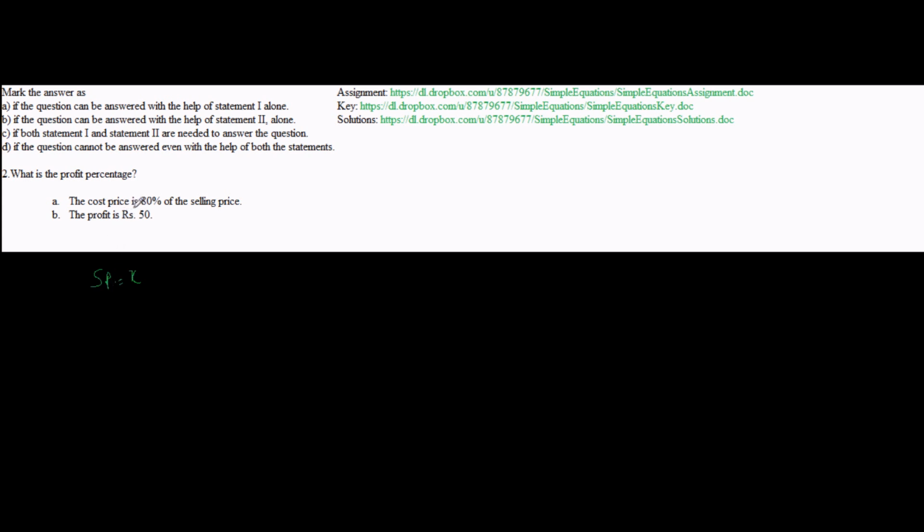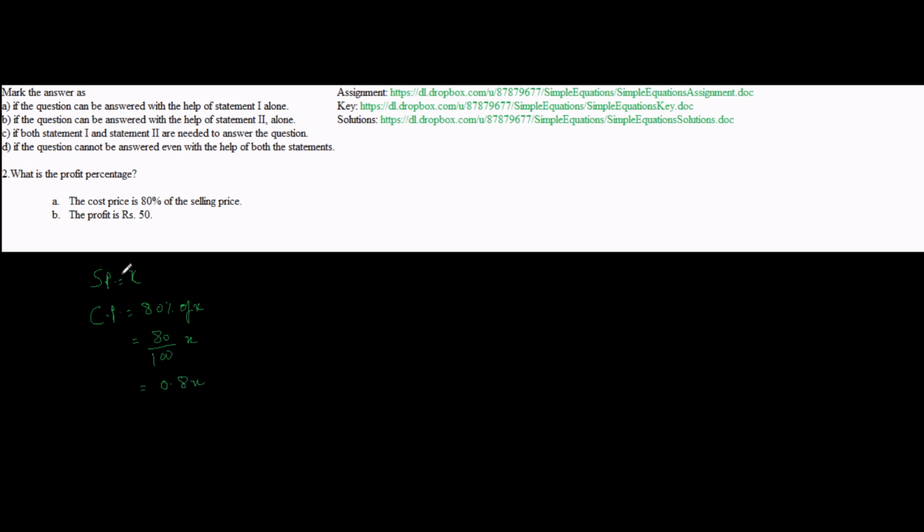They have given that cost price is 80% of selling price. So cost price becomes 80% of X, which is 80 by 100 into X, which is equal to 0.8X.